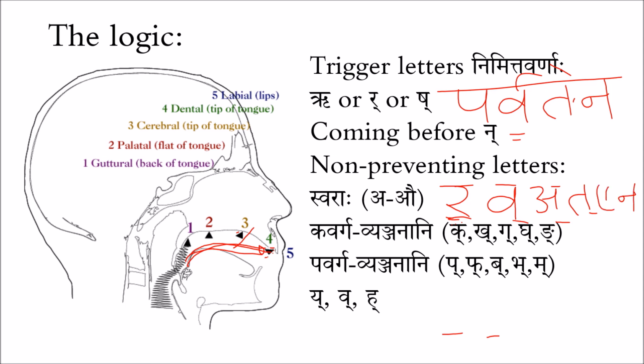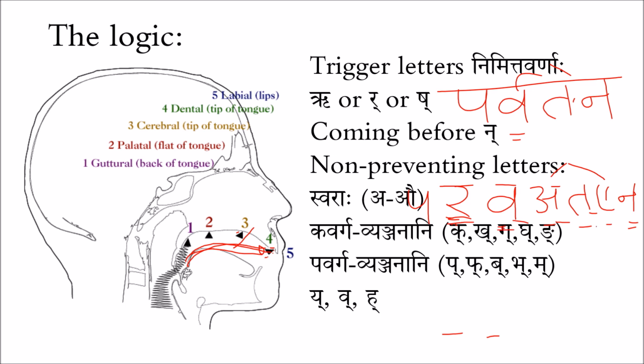This is parvatena, right? So between the trigger letter ra and this na, there are a few letters: va, a, ta, a. Swaras do not prevent the change of na to ṇa. But what about va and ta?